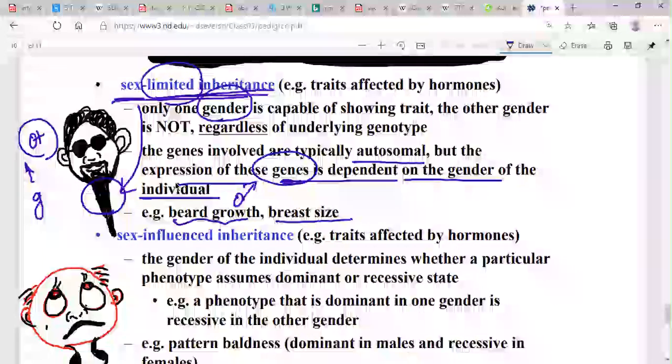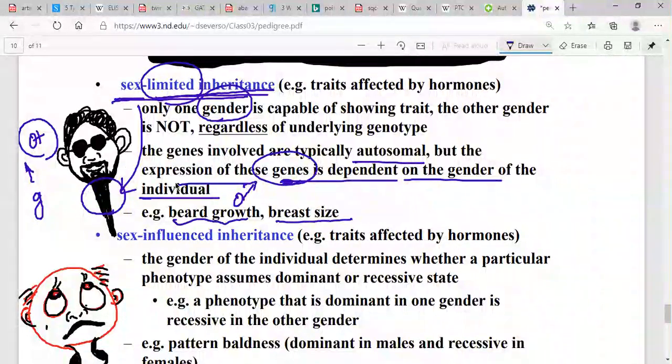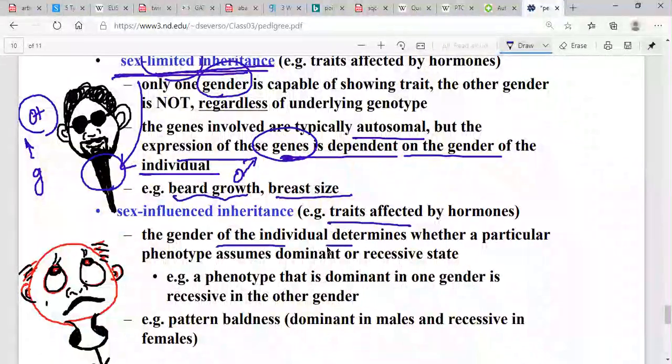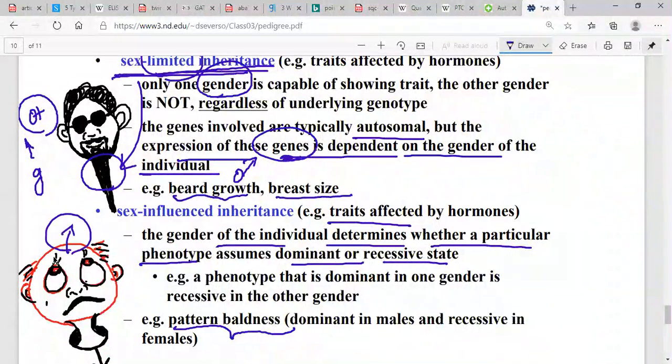On the contrary, sex-influenced inheritance are traits affected by hormones, but the gender of the individual determines whether the particular phenotype assumes the dominant or recessive trait. For example, baldness: if it is a male, that will influence the baldness in more degree.